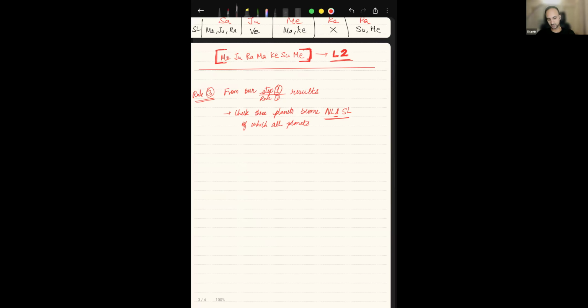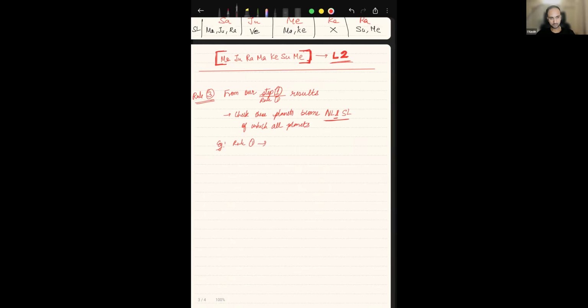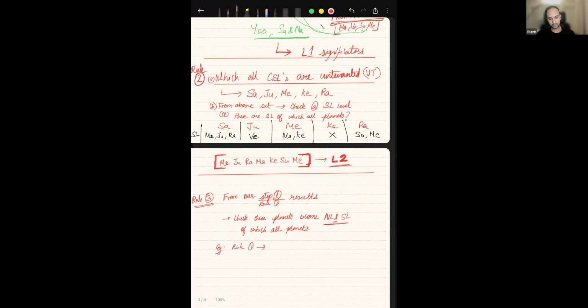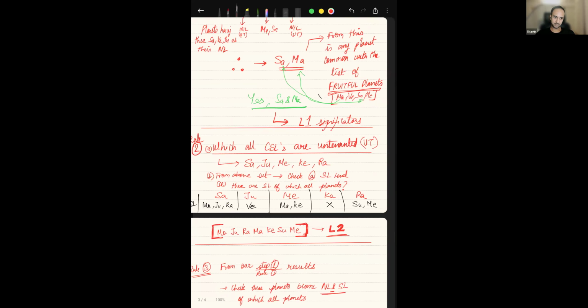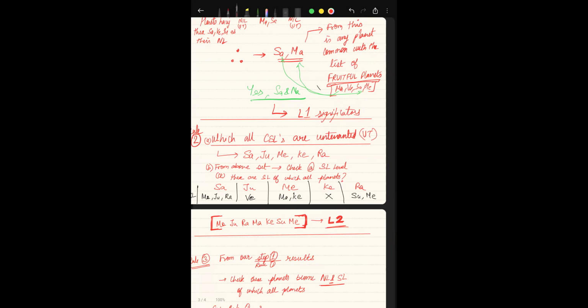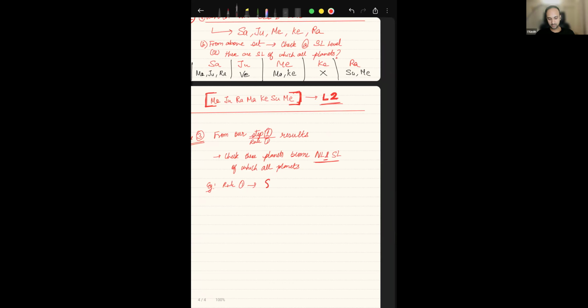So what was our answer, for example, I'm going to work out here. Which was our rule 1 output? Saturn and Mars. The rule 1 output gave Saturn and Mars.